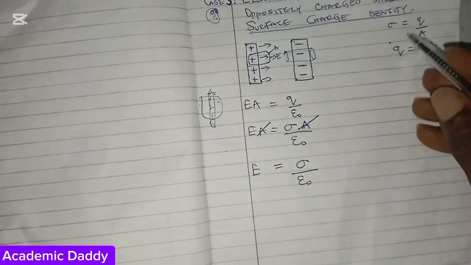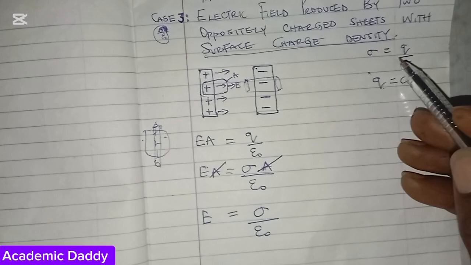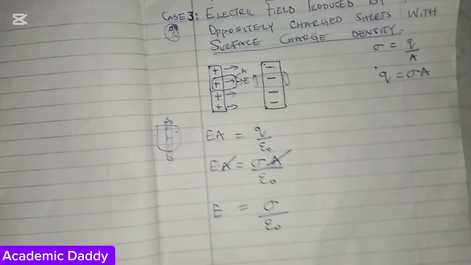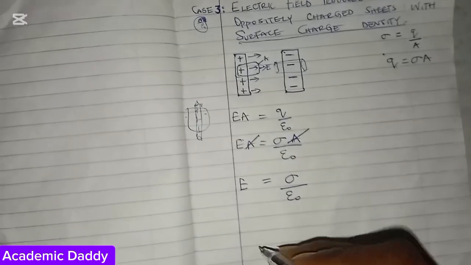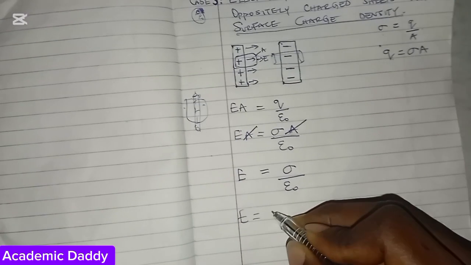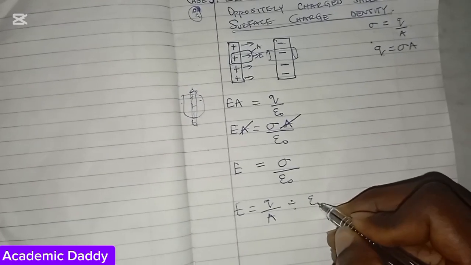I can choose to remember the surface density if I want to complicate things for myself, or maybe the question wants to put us in trouble. I just need to remember that surface density is equal to Q over A. Replace surface density here so that E is equal to Q over A divided by epsilon naught.